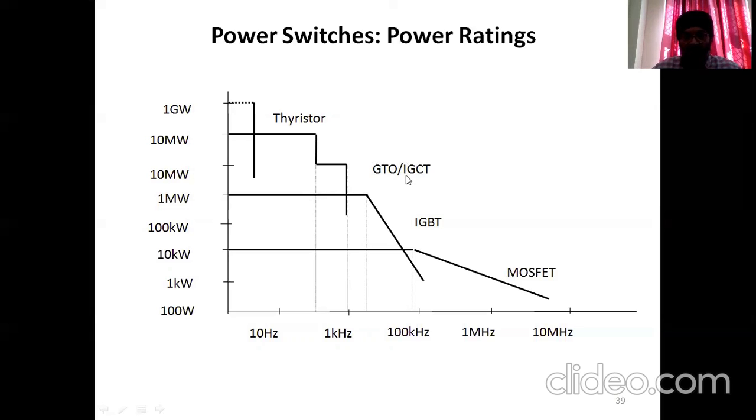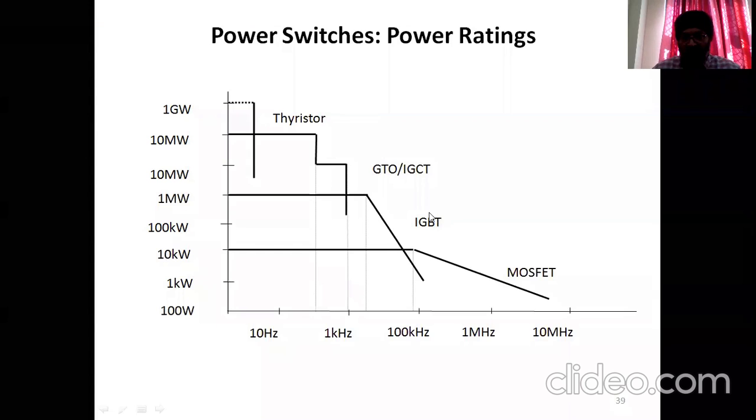If we want to go at a faster speed, but sacrifice on the power rating, then IGBTs can be useful. Going further up in frequency of operation, we need to sacrifice further in power rating, and then we can use MOSFETs.